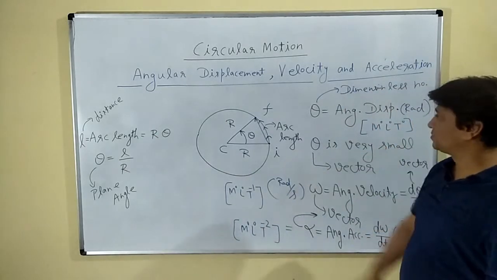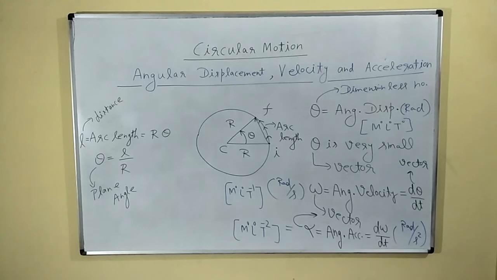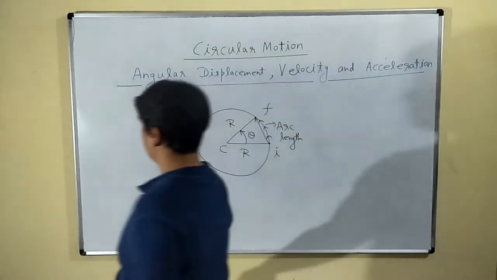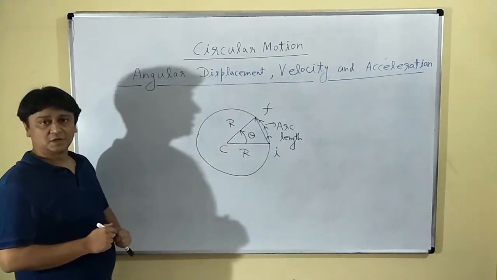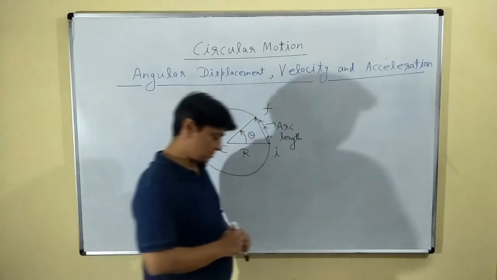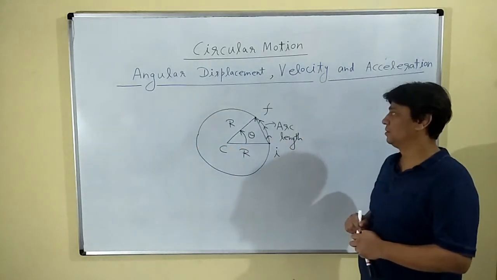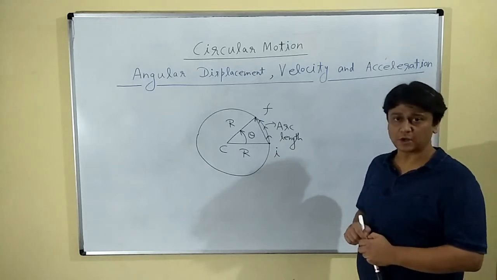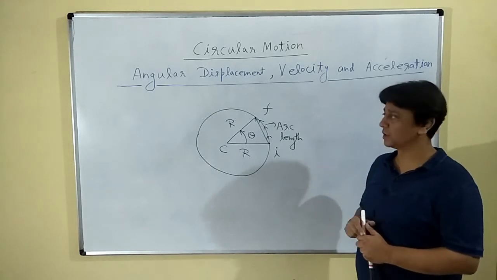Note down this much. Now let's relate angular velocity with velocity, that is v and omega together.